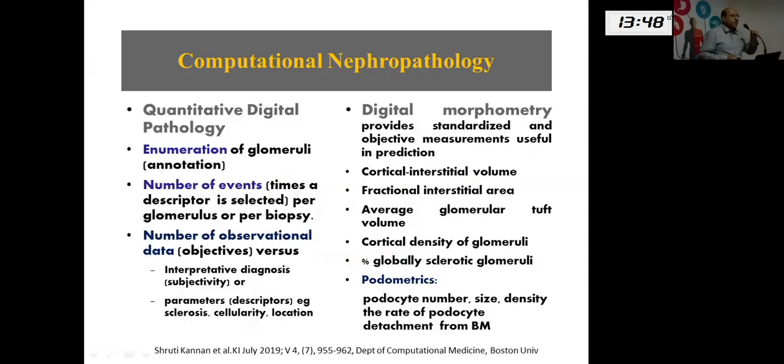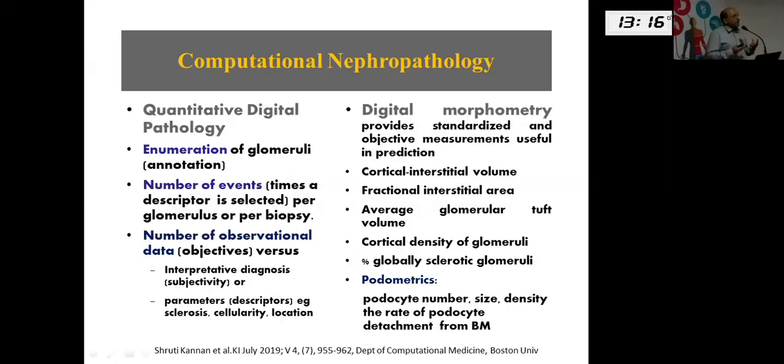It's no longer something that we think will happen, and it's only a question of time, because collaborative efforts are increasing all around the world and even in our own country. Whether it's enumeration of glomeruli, number of events that you're interested in studying, and amount of observational data, digital morphometry of cortical interstitial volume, fractional interstitial area, how much is the tuft volume, what is the cortical density of glomeruli.